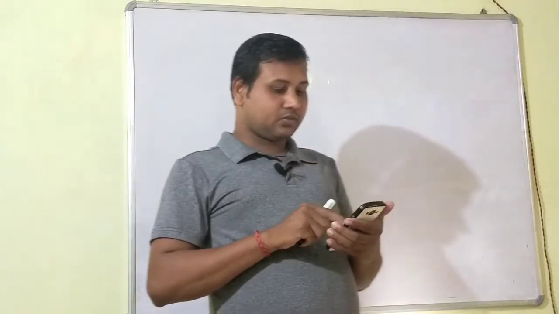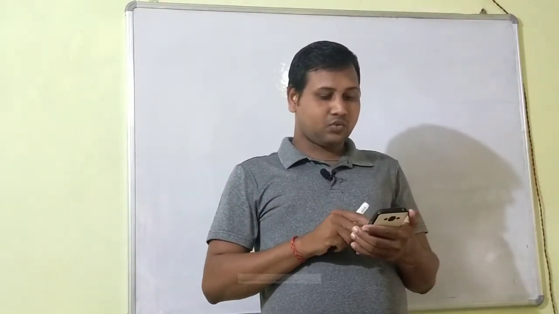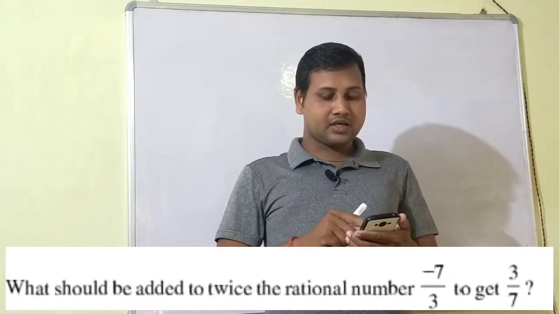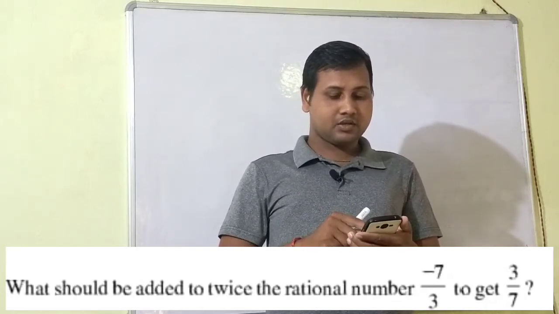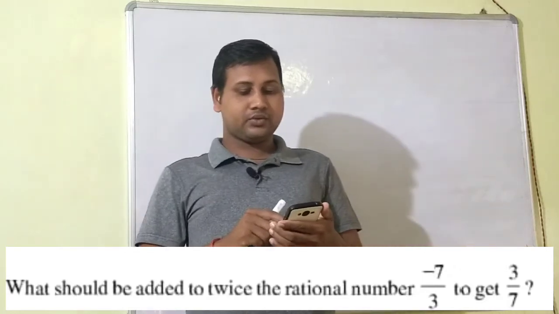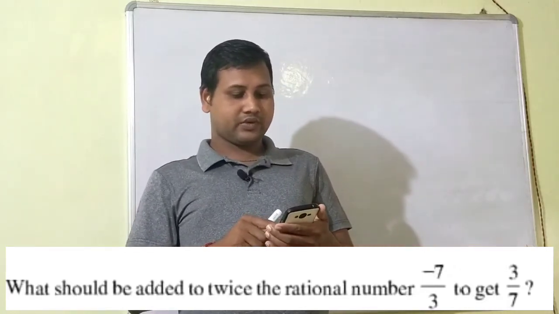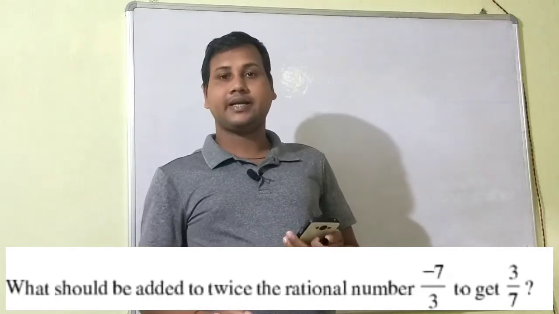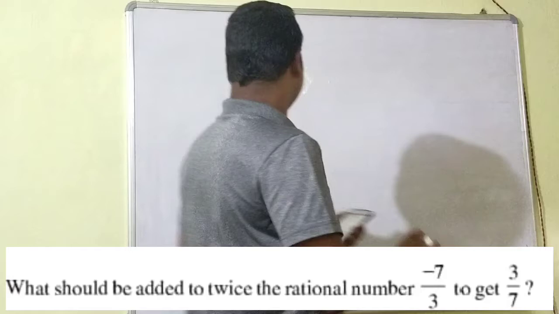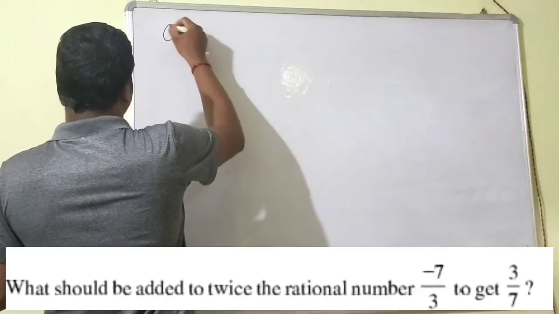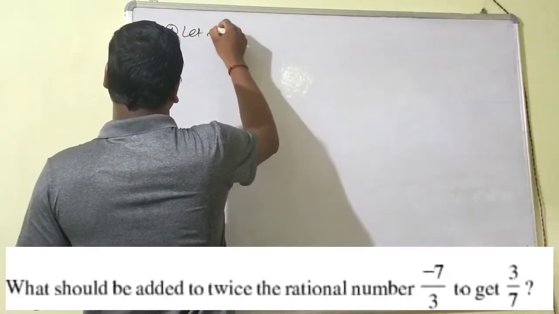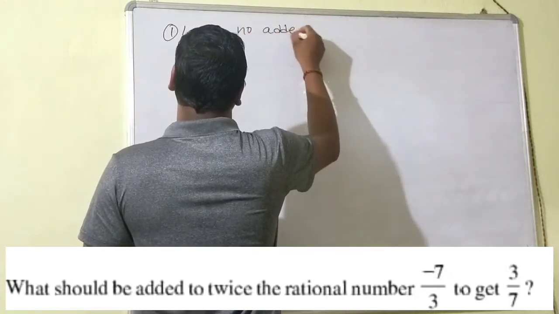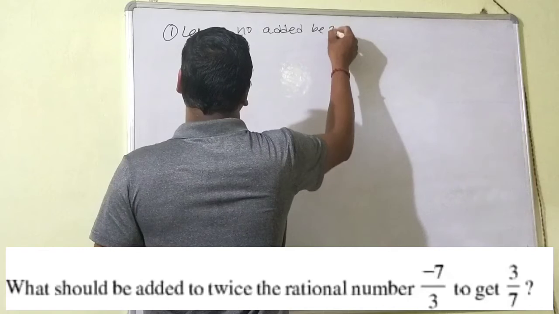Question 1 says: what should be added to twice the rational number minus 7 by 3 to get 3 by 7? Let the number added be x.